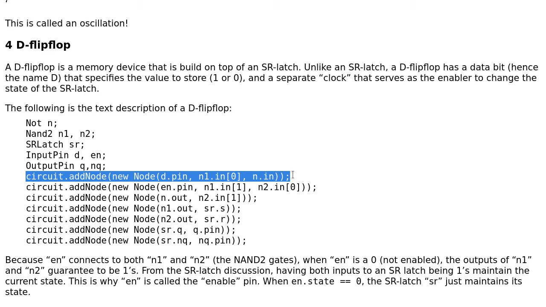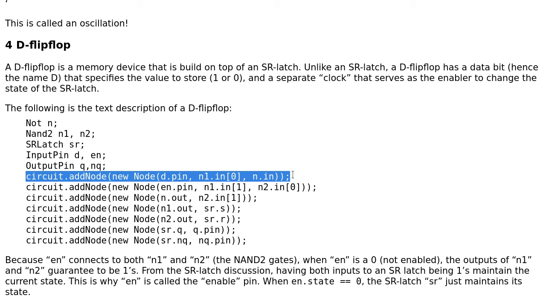We look at n1.in bracket 0, which is the first input of the NAND gate n1. And then we also look at d.pin. D is one of the input pins, so it only has one connection point. And then we say, let's hook them up together, which is the same thing as drawing a wire between the components in Logisim. Is that okay? So this is a textual way to describe a circuit.